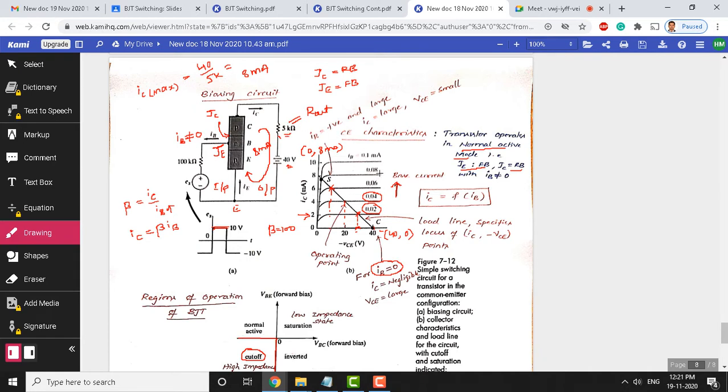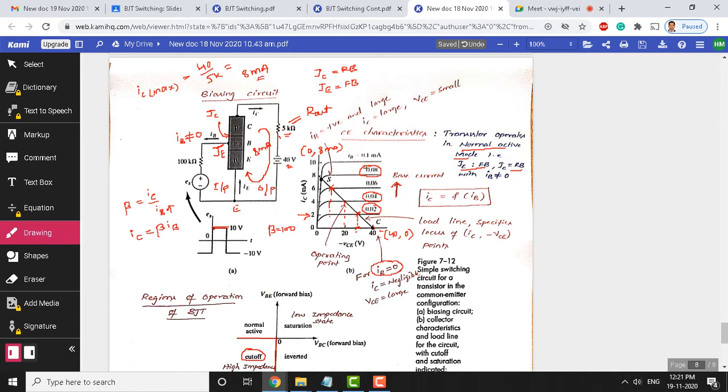And further, let us take the saturation point as 0.08 milliampere of base current. That is the amount of base current we have provided here. Now you can see the collector current, the maximum current, is flowing through this loop. We said the current in this loop cannot exceed 8 milliampere.